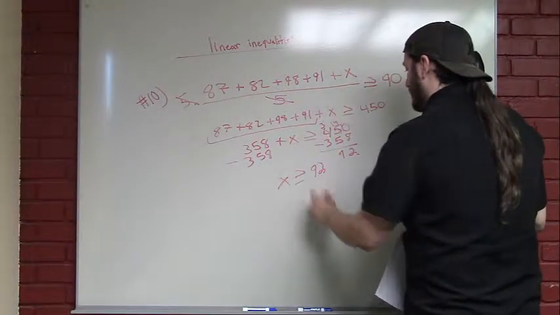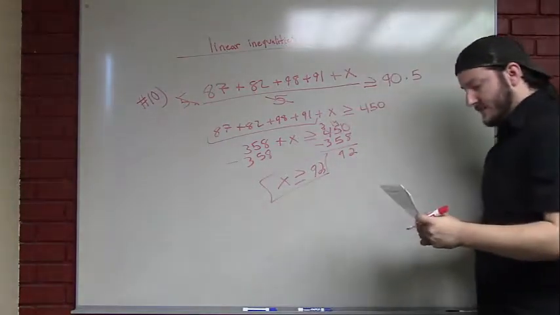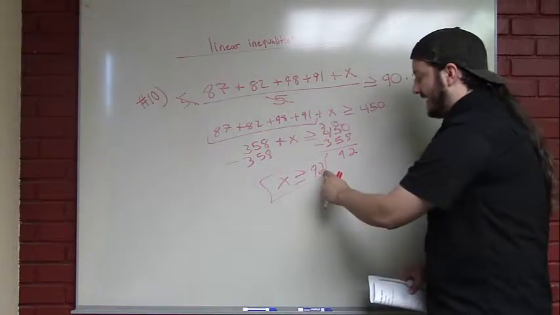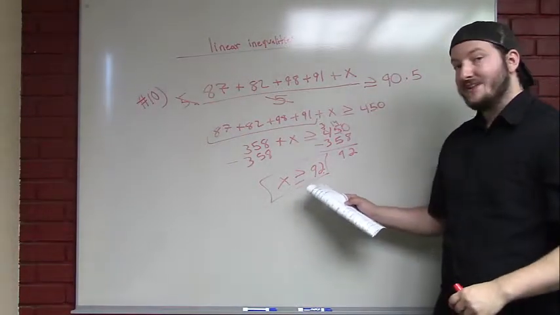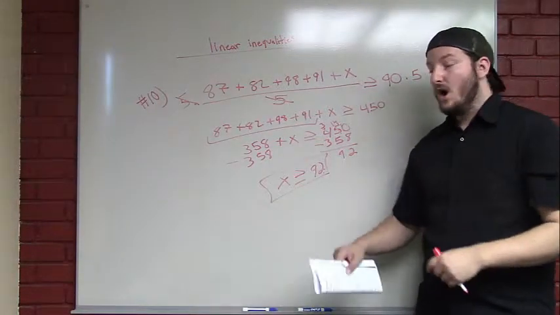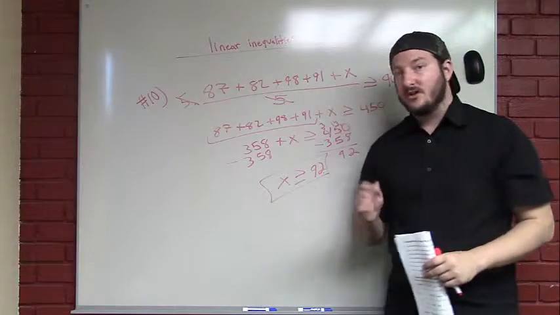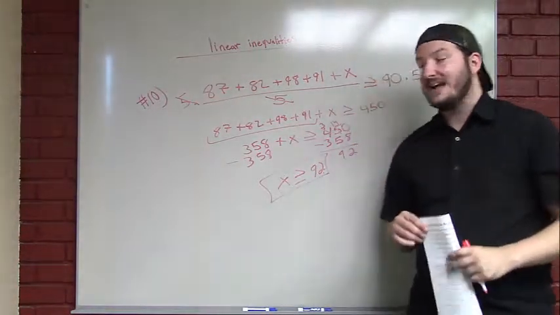So, this is what you have to get on the 5th test score, yep. So, you have to get a 92% or better on your 5th test in order to continue to have an A in your class.